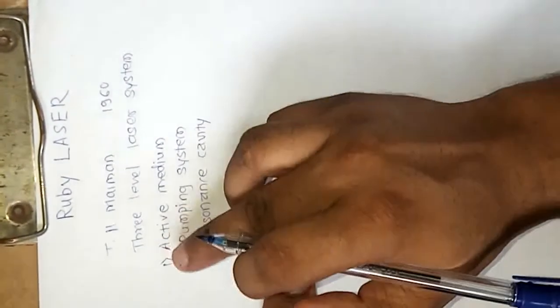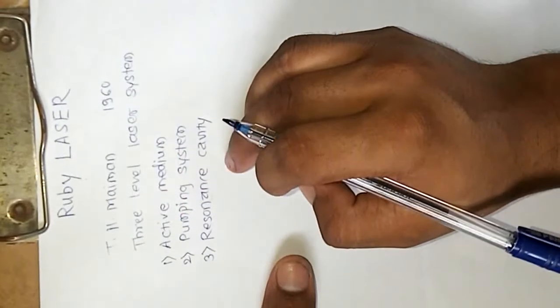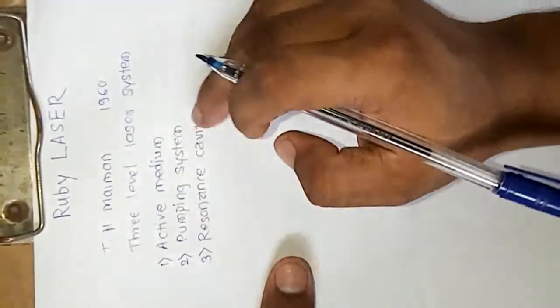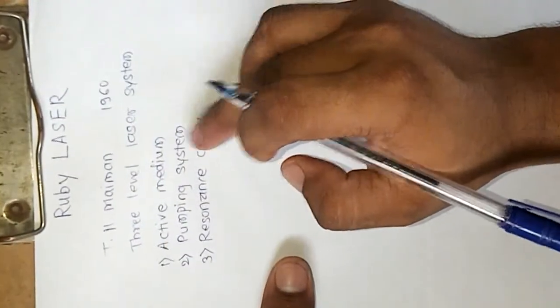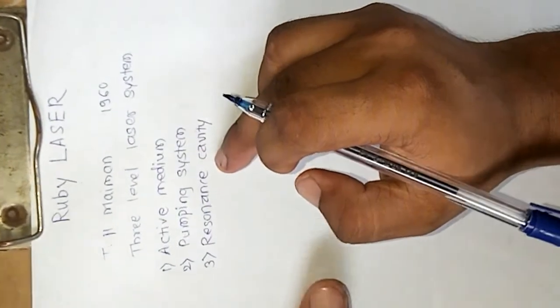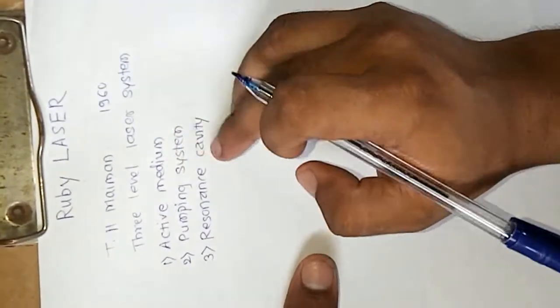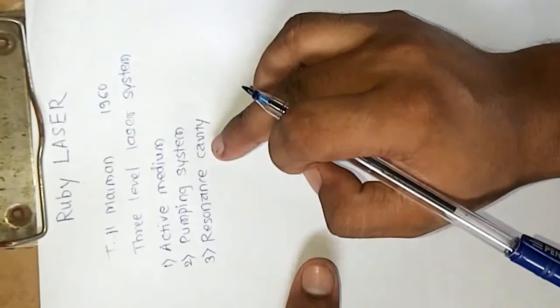In the previous lecture we discussed these 3 points, and we said that these are the 3 important components for laser action. So let us see the construction of this ruby laser.